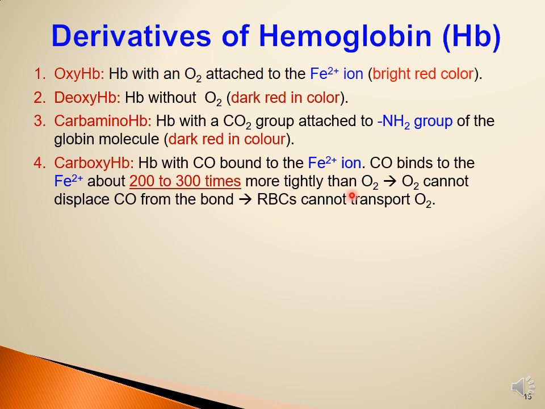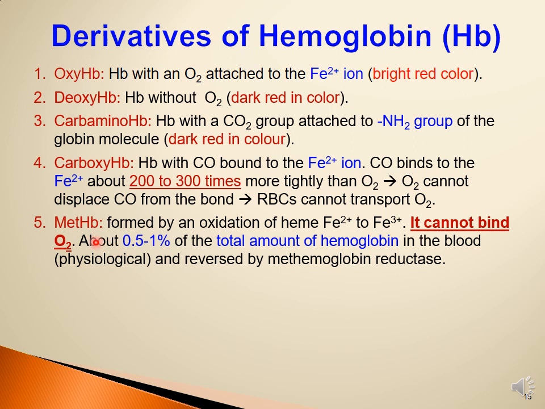So the affinity of carbon monoxide for iron in the heme ring is 200 to 300 times higher than oxygen. So it competes with oxygen and displaces oxygen. So hemoglobin cannot carry oxygen from the lungs to the peripheral tissue. Oxygen cannot displace carbon monoxide due to this tight binding between carbon monoxide and iron, and this will lead to RBCs that are not able to transport oxygen, and this condition can lead to death.